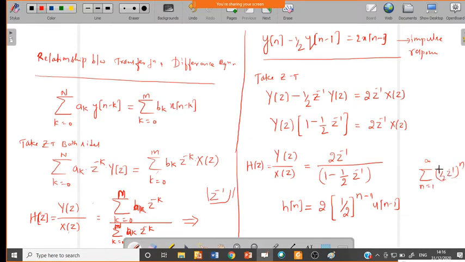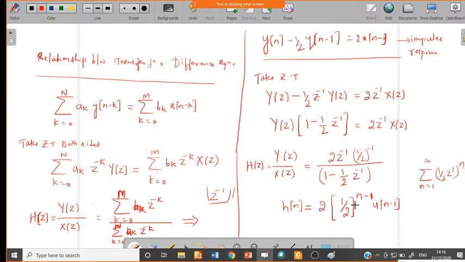Now that alpha you can write by multiplying and dividing by half here, and you will get the expressible form. We have to write half power minus 1 extra, so that we get half power minus 1 into z inverse divided by 1 minus half into z inverse.